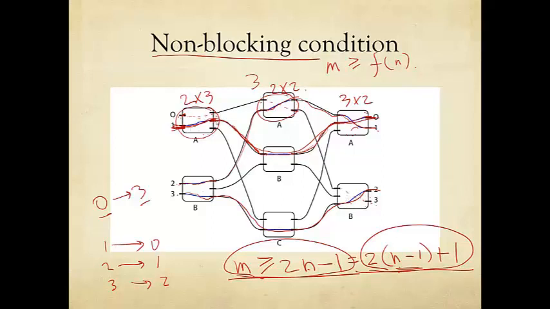Indeed, in this case, this one has gone through this middle stage switch, this has gone through this middle stage switch. So both switch B and C in the middle stage are occupied. And you could have an input pattern where in order to reach from this to that point, you cannot reuse any of these existing middle stage switches.